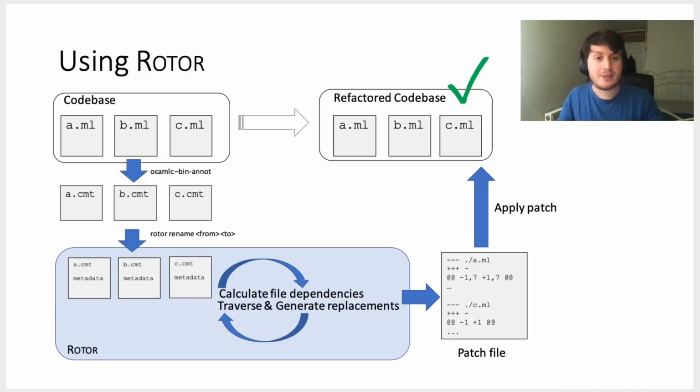For each of these files, a replacement set is then generated, and once done, Rotor outputs a patch file representing the changes that need to be applied to the codebase, and eventually this patch file can be applied to the source files, and the refactoring is done.